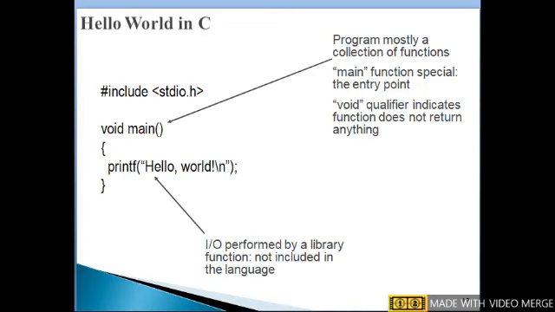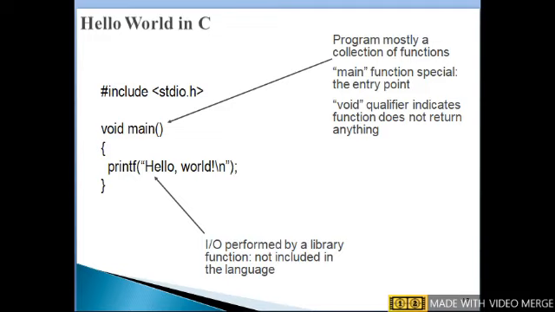Printf is an output function. In the parentheses, in double quotes, we write one control string. That control string is printed on the screen as it is. It is an unchanged control string, hello world. After that, closing curly braces.